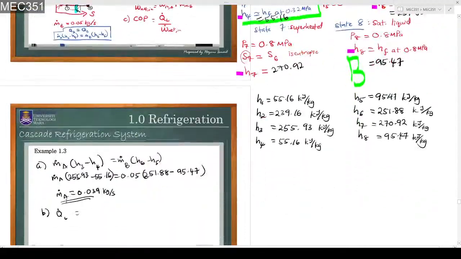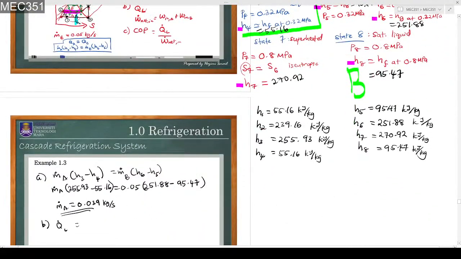You have to find the value Q dot L by using the M dot A, because it happens in the lower cycle, and also the enthalpy H2 minus H1.